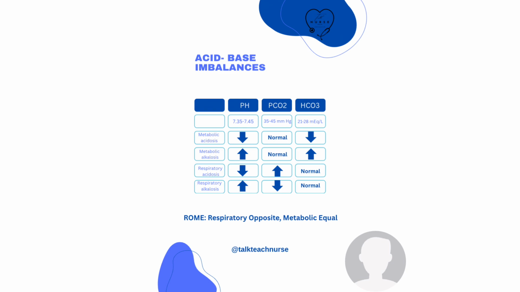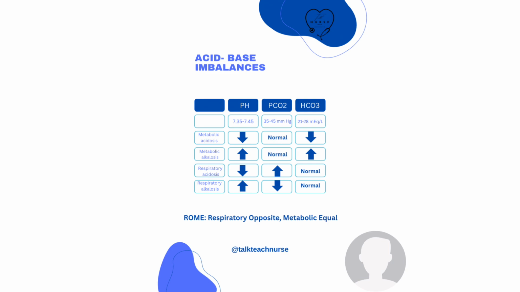When looking at the chart, what I mean is that in metabolic acidosis, the pH and the bicarb, this HCO3, both arrows are facing down. If you align the arrows correctly on test questions, it will give you an idea of what's metabolic and what's respiratory.